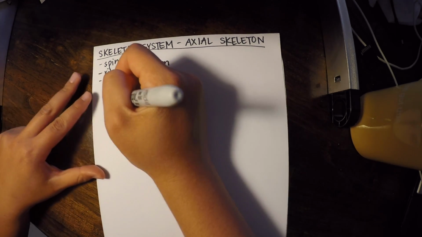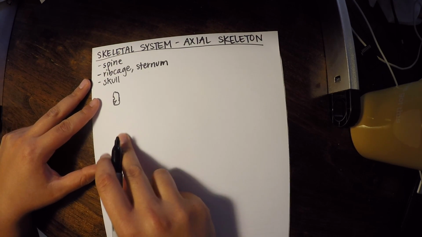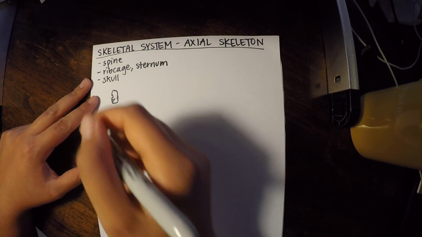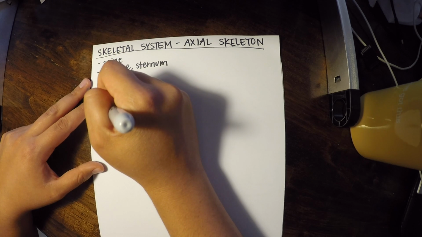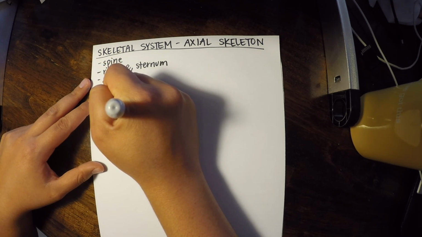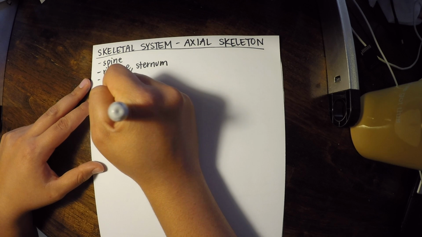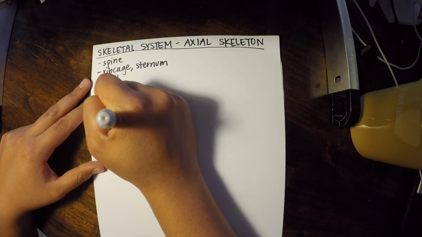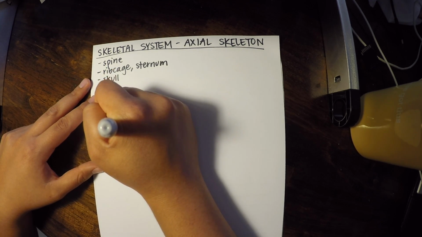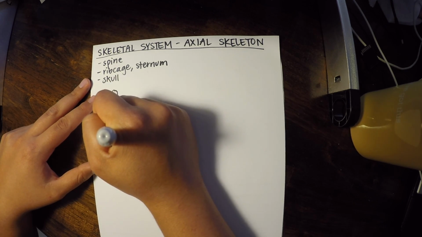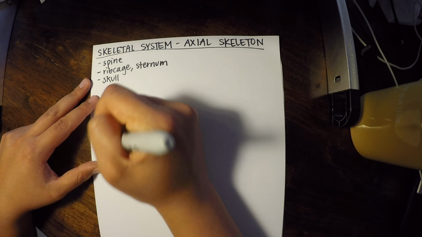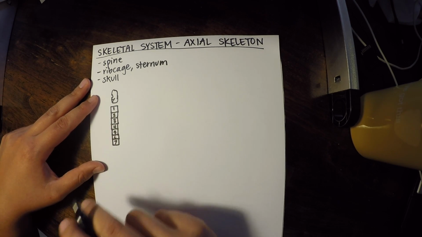Now, we're going to start with the ones directly inferior to our skull, and that's called our cervical spine. So we're just going to use boxes to represent them. All right, so see how I have a bunch of little numbers there?